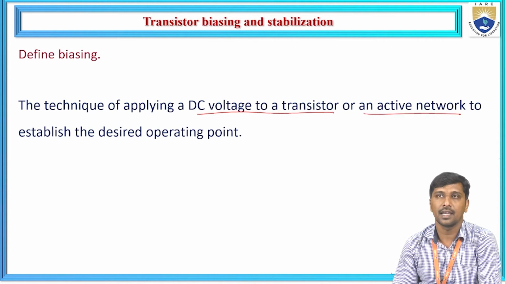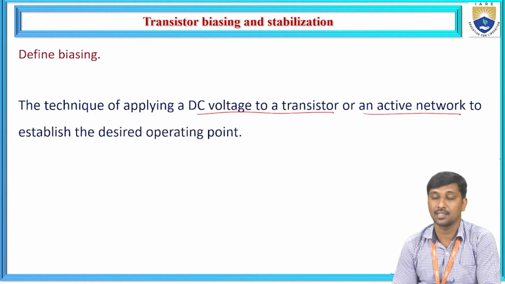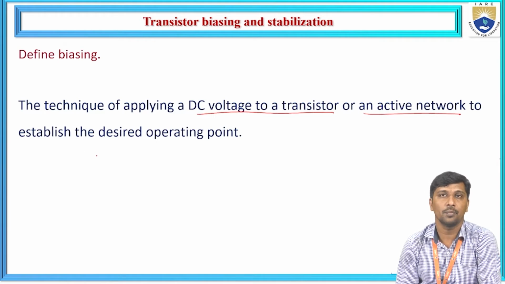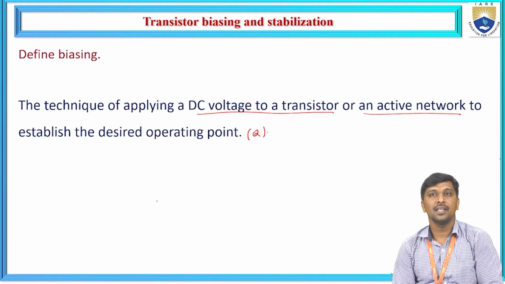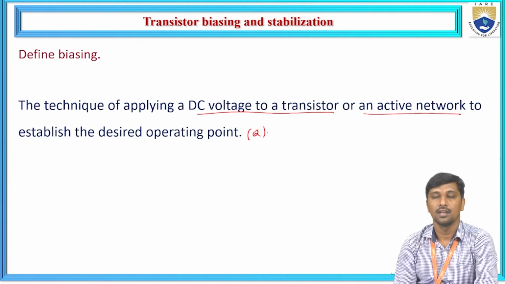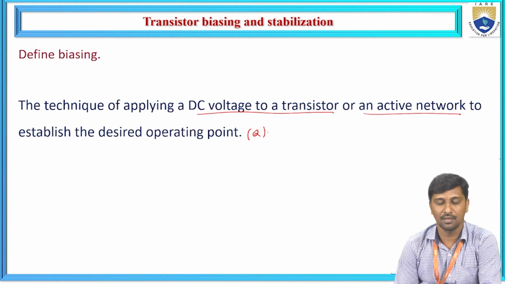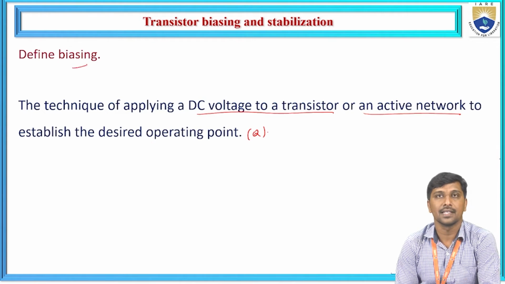It contains active devices like transistors or diodes, to establish the proper operating point or quiescent point, also called the Q point. To determine this, we apply a DC voltage source to the input side as well as the output side of the transistor. That way of applying DC voltage to a transistor is called biasing.